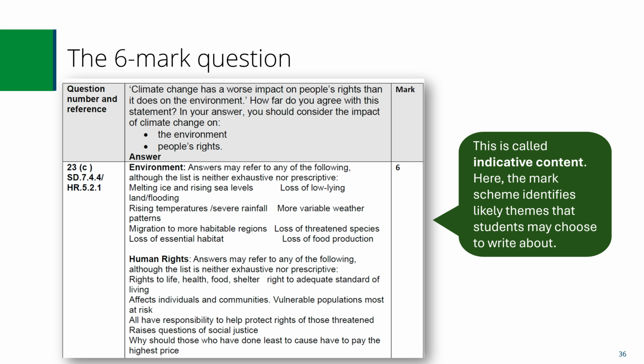These would relate to the environment, the idea of rising sea levels, changing temperatures, potentially the migration of people to more habitable regions, and then ideas about human rights, about how climate change might affect some fundamental rights to life, health, food and shelter, that it might affect some vulnerable populations disproportionately, that there could be issues of social justice surrounding which countries are hurt most by climate change compared with the countries that have done the most to pollute the atmosphere.